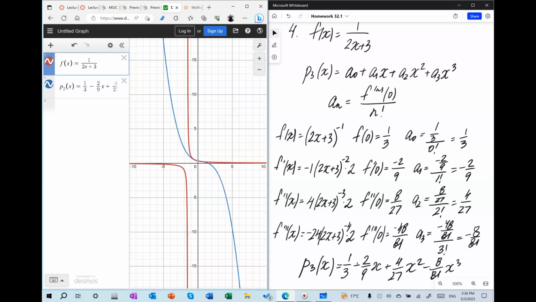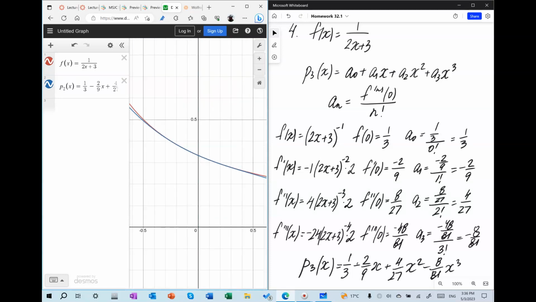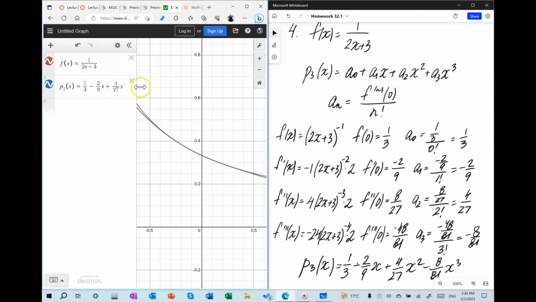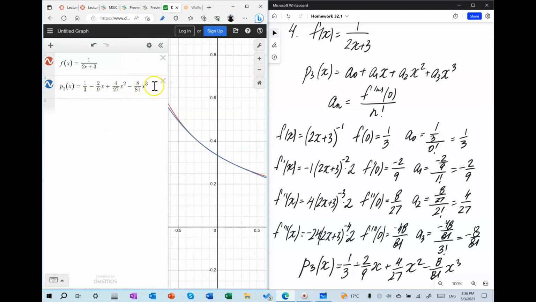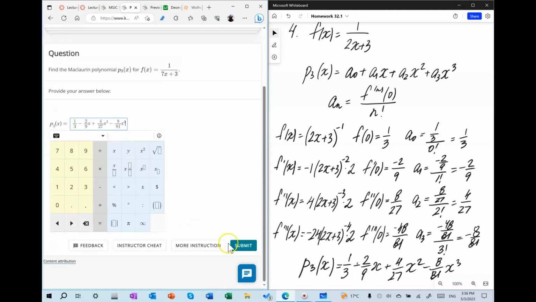And again, we're looking around 0, and it looks like around 0 the blue curve, which is our polynomial, approximates the red curve very well. So we can type the answer now. I wonder if I can just copy and paste it. If I can do that, that's just one more reason to check your work in Desmos before entering the answer here.